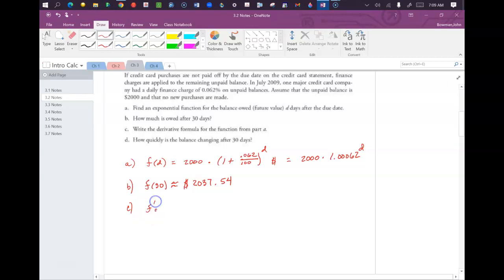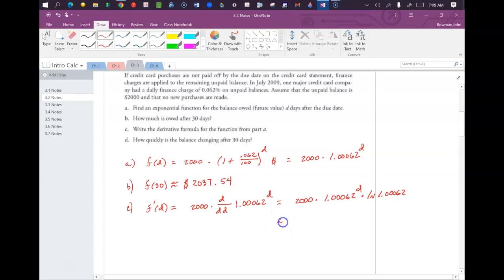So f prime of d is 2,000 times the derivative with respect to d, a little confusing there, of 1.00062 to the d, which is 2,000 times 1.00062 to the d times the natural log of 1.00062, using our rule from above.